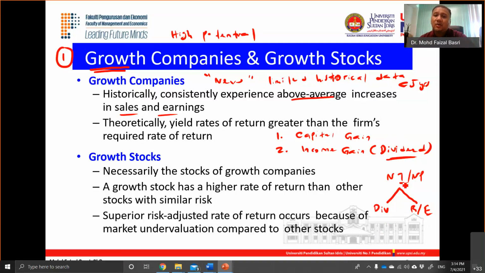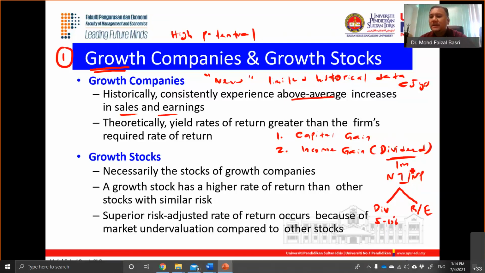So for these growth companies, usually their portion for dividend will be low, because they are growing, they need continuous capital injection from time to time, and so they need capital. One of the sources of capital can come from net profits. So let's say the company earns 1 million ringgit net profits, out of this 1 million, maybe dividend they will pay 5 to 10% only.